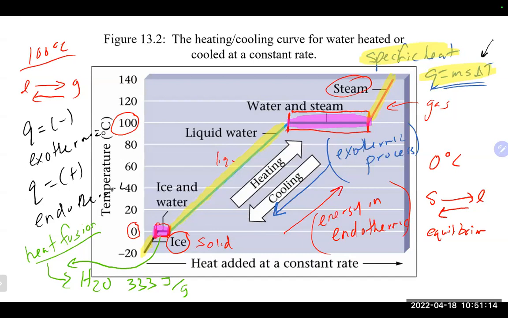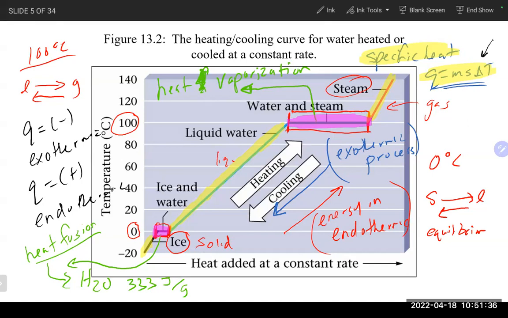We also have a transition that occurs up here from liquid to gas, and the energy required to do that transition is what is known as the heat of fusion. I'm sorry, not heat of fusion, heat of vaporization. So the heat of vaporization is the energy required to take a substance from liquid to gas and backwards, gas back to liquid.